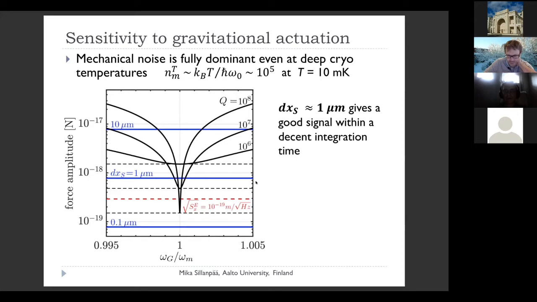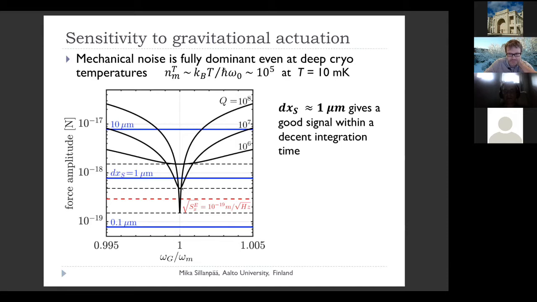And then these blue lines are the gravitational signal at different actuation amplitudes. And if the sensitivity is below this line, then you can see it. And we see that, for example, the default Q is 10^7. We see 1 micron actuation of gravity within a quite nice, reasonable integration time.